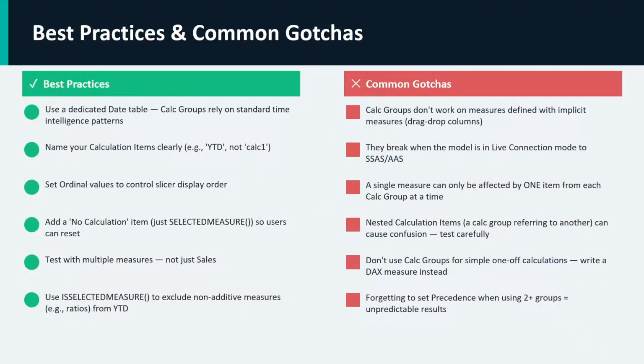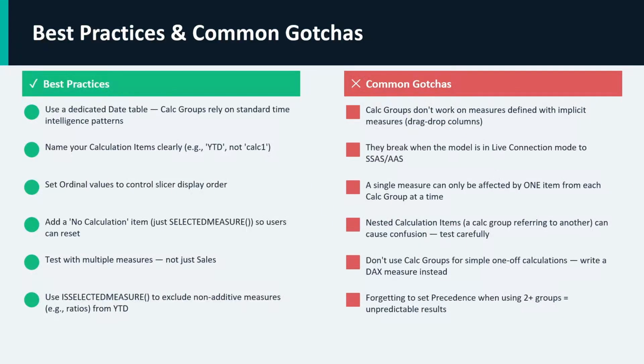Also, you need to name your calculation items clearly. Don't use Clark 1. Use YTD or year to date as different strings, so you standardize it across all your models.